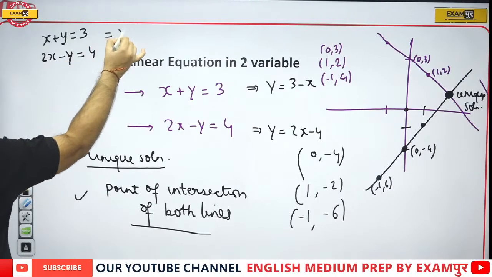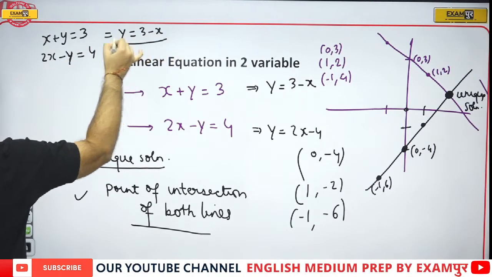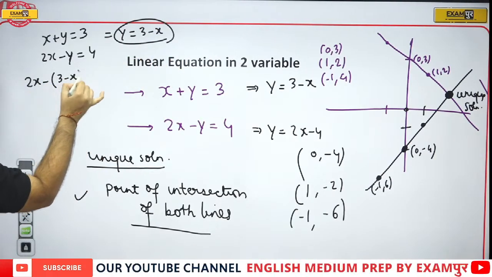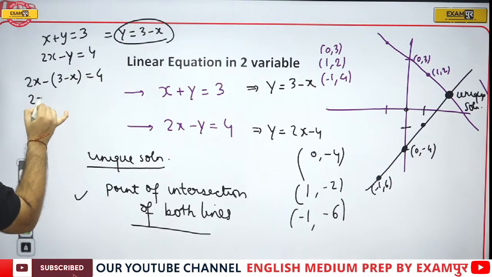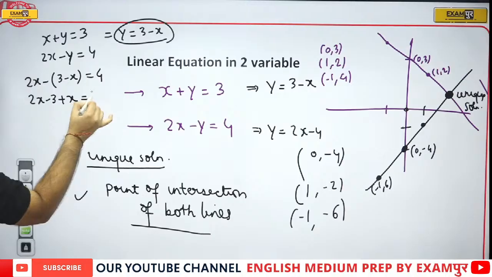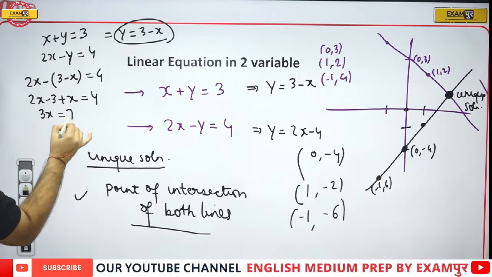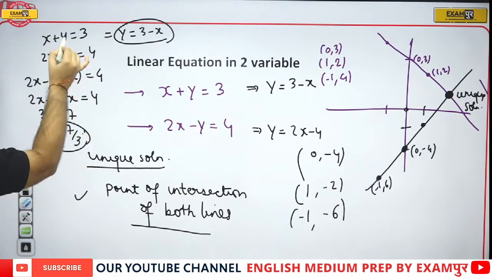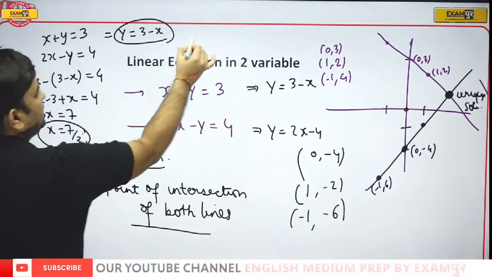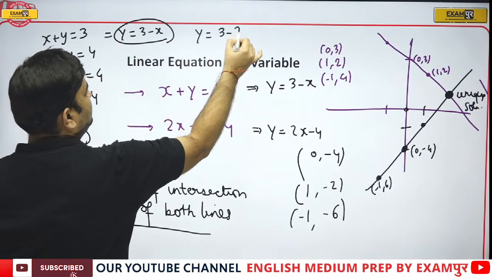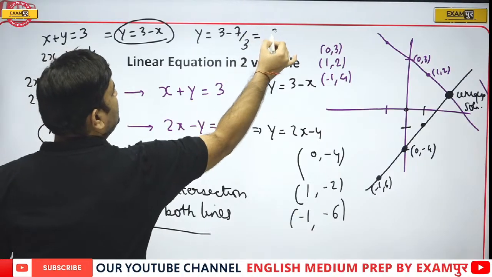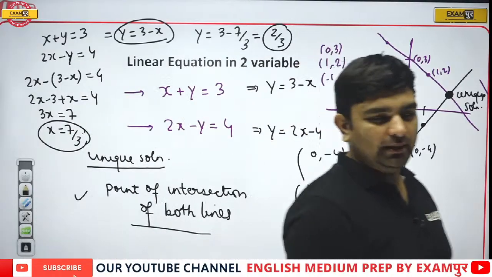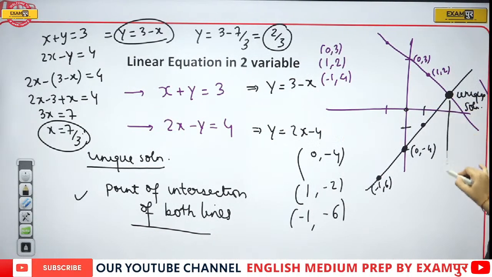I can put y as 3 minus x in the second equation: 2x minus (3 minus x) is 4. So 3x is equal to 7, and x is 7 by 3. Putting the value of x, we can find y as well. y is 3 minus 7 by 3, which is (9 minus 7) by 3, so 2 by 3. So the point of intersection is (7 by 3, 2 by 3).